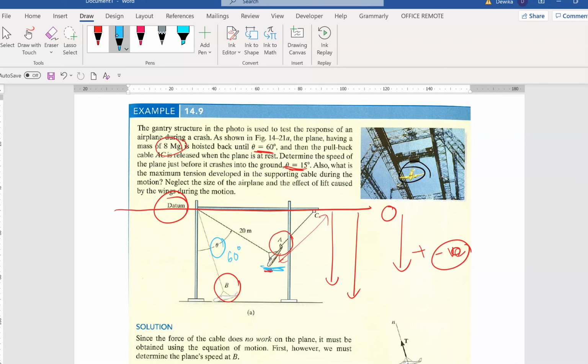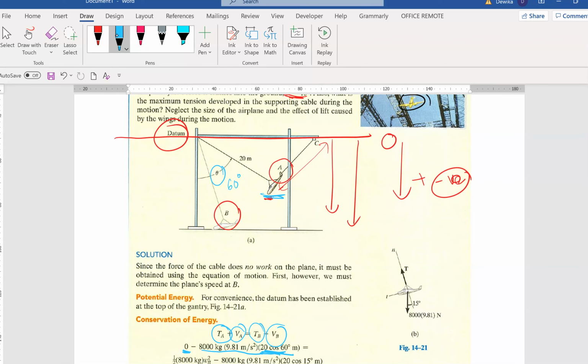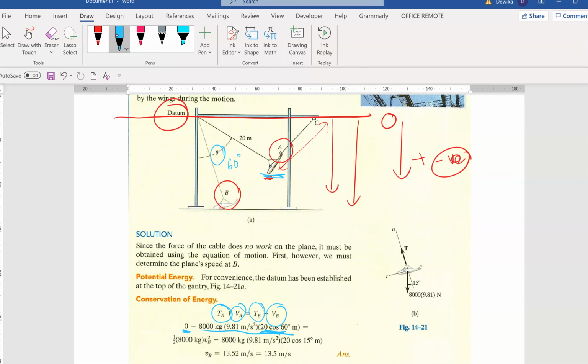So that is why it is 20 cos 60. Then we have the final, half mv square, because at the bottom it has maximum velocity. That's what we are aiming to calculate. And then we have negative mgh.